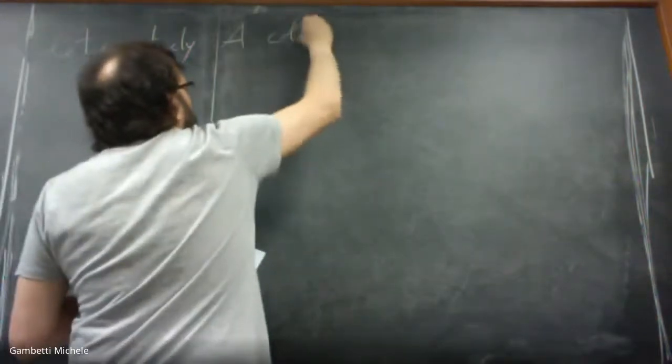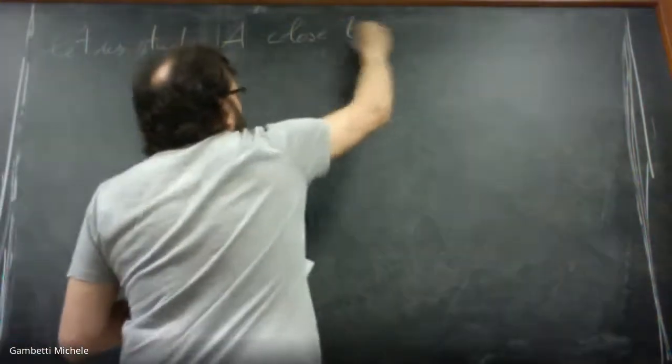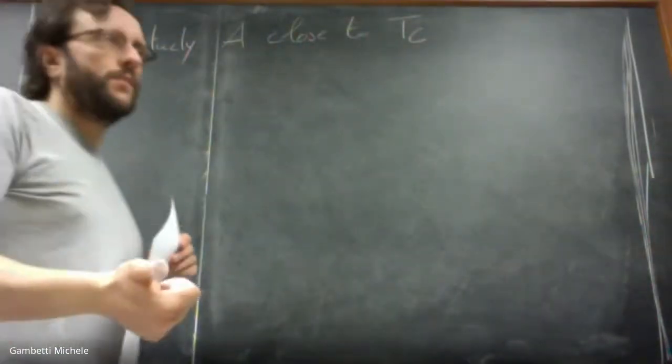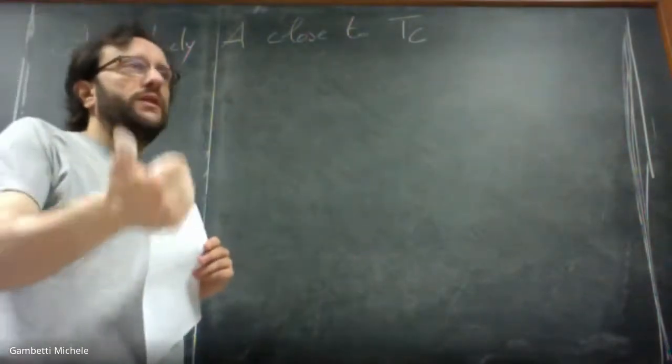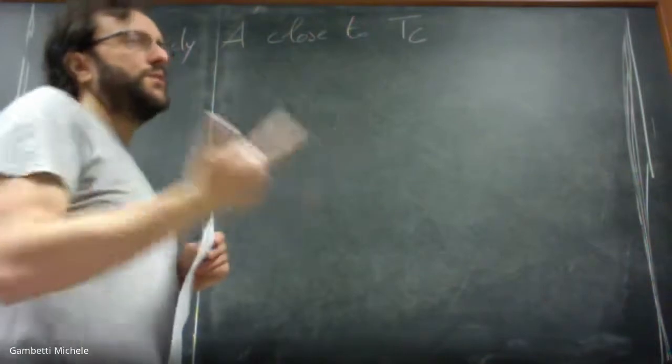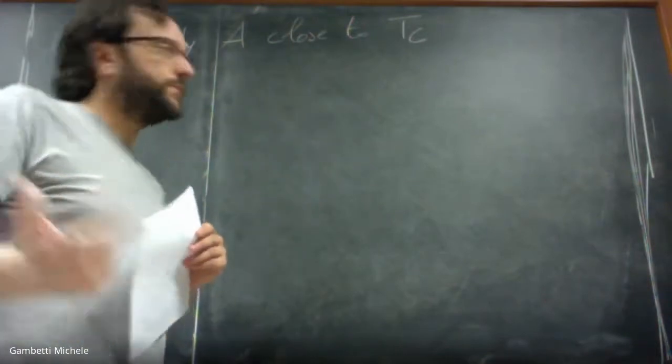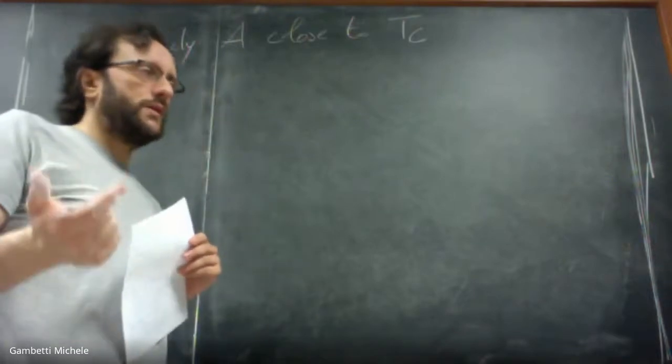Okay. Now, so let's study the free energy A close to Tc. So for the moment we have seen the behavior of M, and M scales as the square root of T. We have studied the behavior of the susceptibility, which has a divergence at T equals 0.